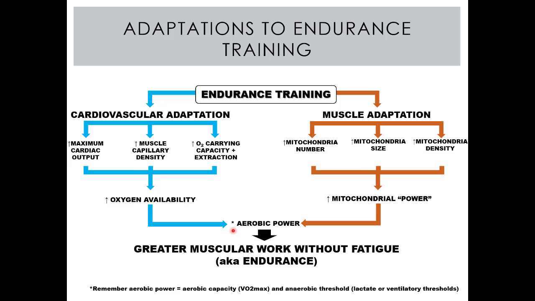We can compartmentalize the physiological adaptations to endurance training as cardiovascular adaptations and muscle adaptations, also known as metabolic adaptations. Now, in this course, we are going to mainly focus on cardiovascular adaptations to endurance training. I will introduce the muscle adaptations and discuss it briefly at the end of this lecture series, but it will be more of a transition into my exercise bioenergetics course, in which I will discuss these specific adaptations in much more advanced detail.